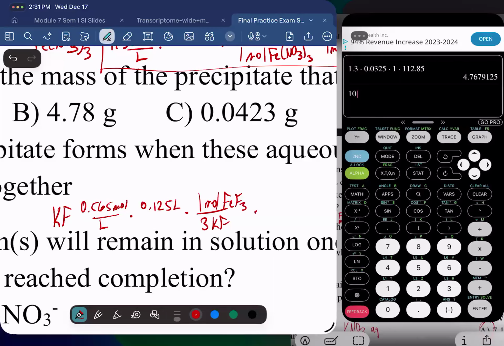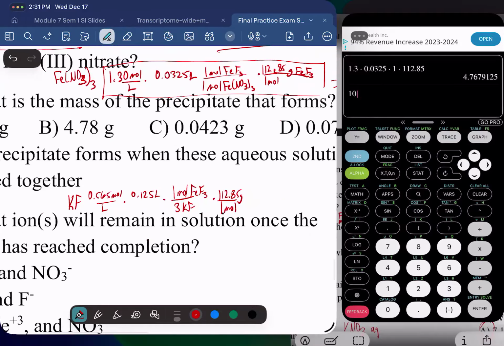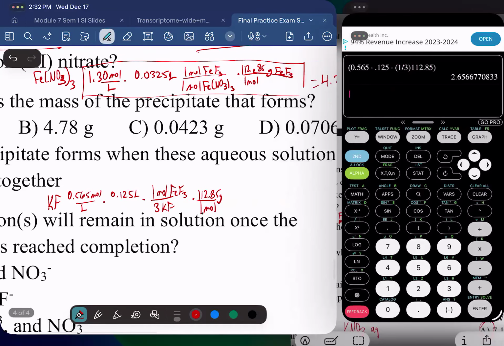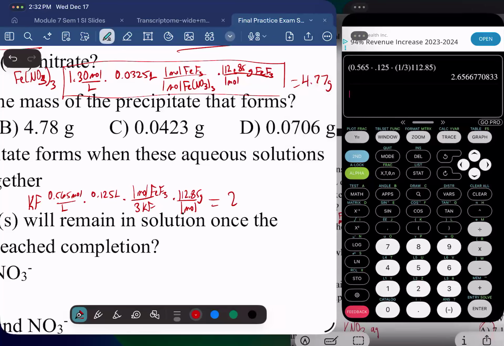And then timesing that, we get 1 mole over 112.85. And that should also give us an answer. So let's see that. 0.565 times 0.125 times, let's do parentheses 1 over 3, close parentheses, times 112.85. And we get a value of 2.66 grams.